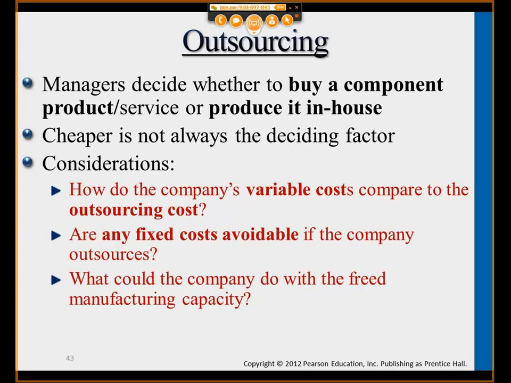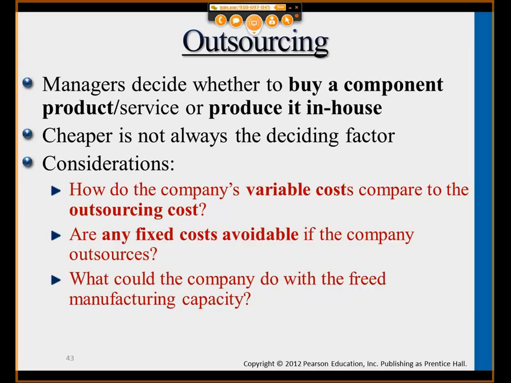No, because cheaper is not always what we are going to consider. There are so many other factors, right? So for many companies, that would be sharing the knowledge, right? Once you're going to outsource, you will share the knowledge with the contractor. That's not always a desirable thing. So what other considerations? How do the company's variable costs compare to the outsourcing costs?